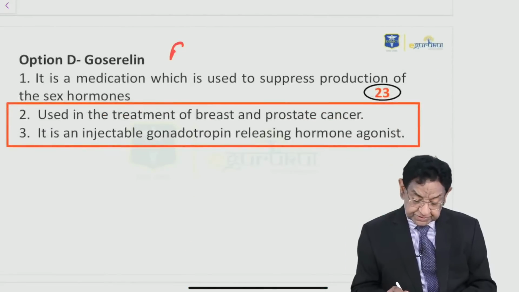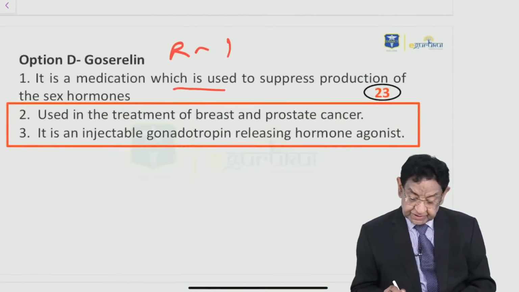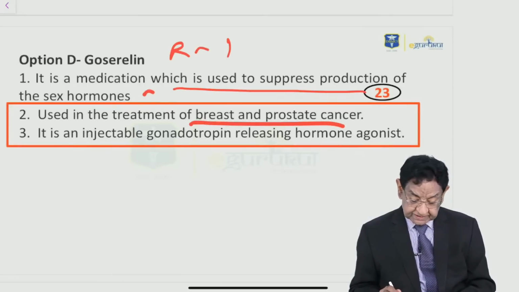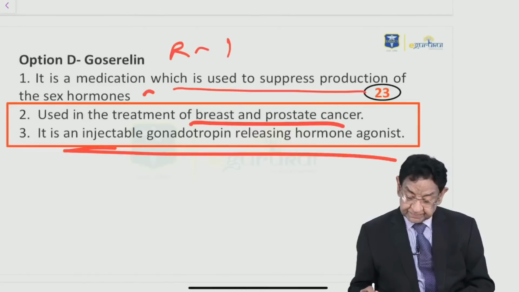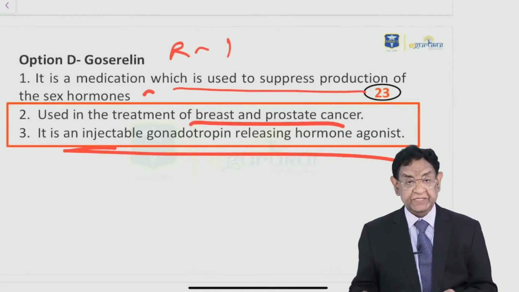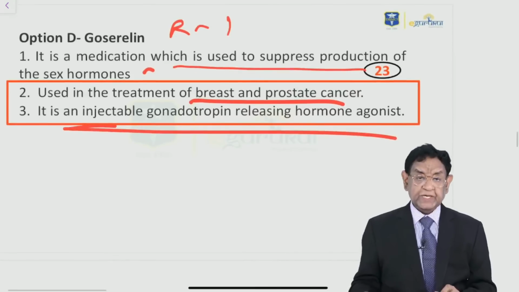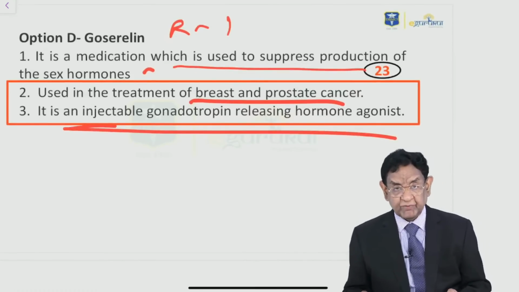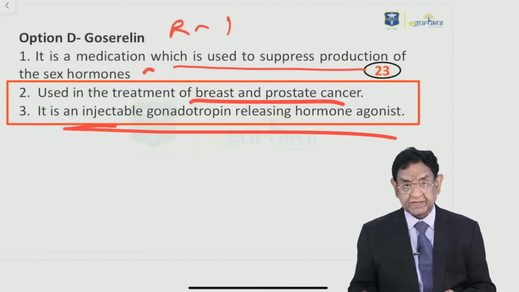Again, a rank 1 question: this drug, used to suppress production of sex hormones in breast and prostate cancer, is again an injectable gonadotropin releasing hormone agonist. So we are getting a good amount of rank 1 questions in this particular question. I hope you have written.